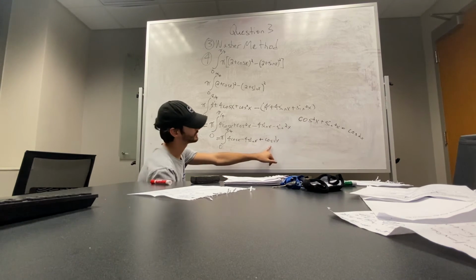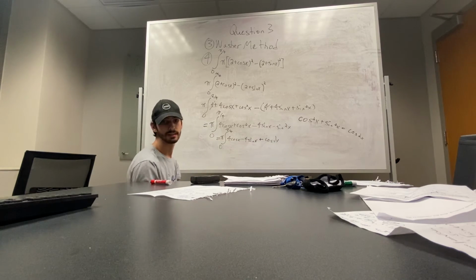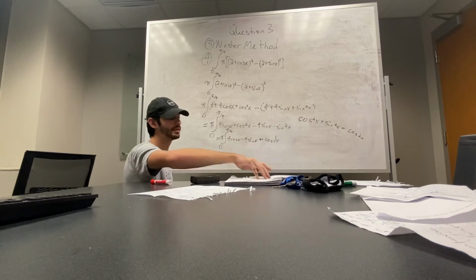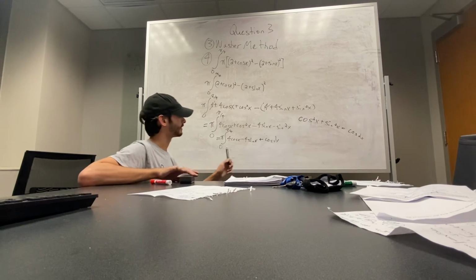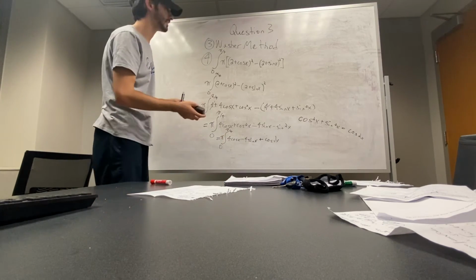And what we need to do from this point is integrate. It's going to be really easy because we have all of our values separate from each other. So all we need to do now is apply linearity.